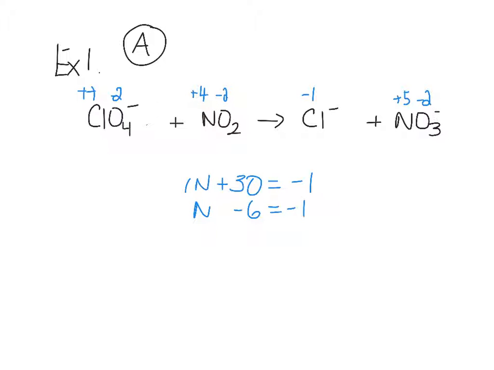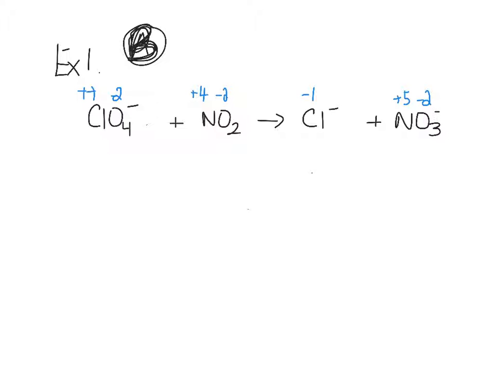So nitrogen must be +5 for the left side to equal -1. Correct? So if you have a polyatomic ion, one of the atoms is going to be negative, the other one will be positive. Are we okay with that? Okay.